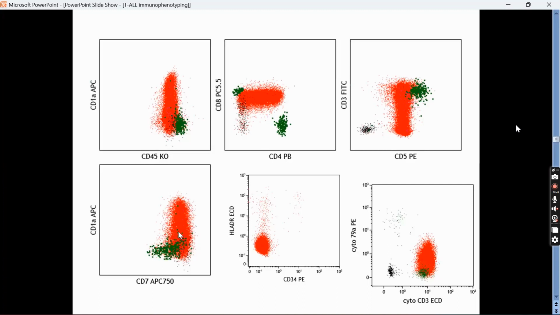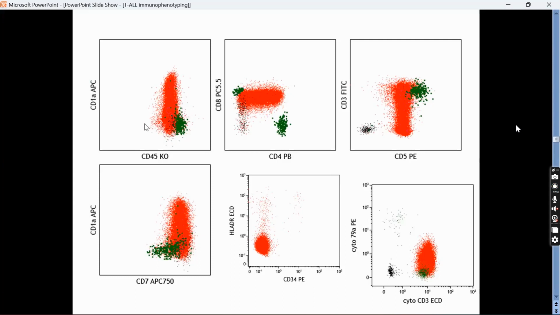CD7 is bright, so you don't have a problem there, and cyto CD3 is positive. So you know it's T cell lineage. Definitely a T cell lineage. It can't be myeloid with aberrant T cell markers. You have CD7 and cyto CD3, and cyto CD3 is lineage specific. So definitely it's a T cell. And you have some immaturity markers like CD1A. CD45, as I said to you, the intensity of CD45 is moderate in T-ALL; it can be dim or moderate.